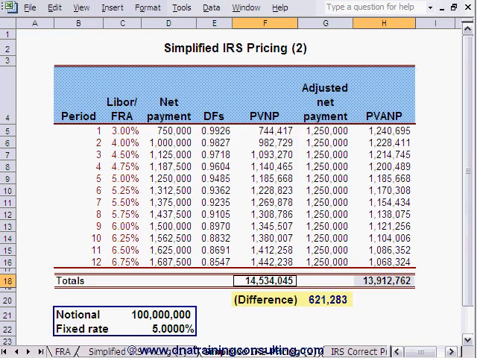The difference of $621,000 plus change appearing in cell G20 would in effect represent the upfront loss the bank would be incurring if it allowed the borrower to pay only 5% as the fixed rate.